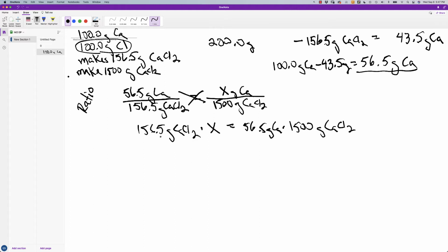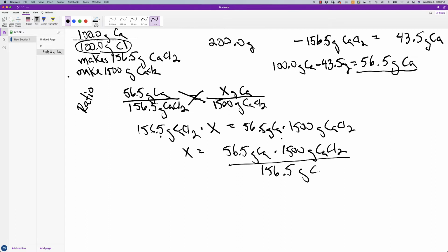We're going to bring this over here, so we isolate the X. That means we get all of this: 56.5 grams of calcium times 1,500 grams calcium chloride divided by 156.5 grams calcium chloride.